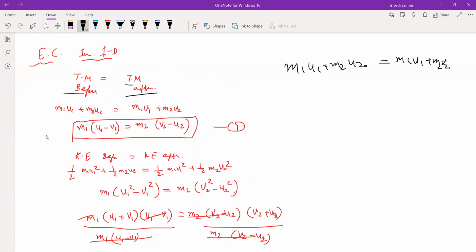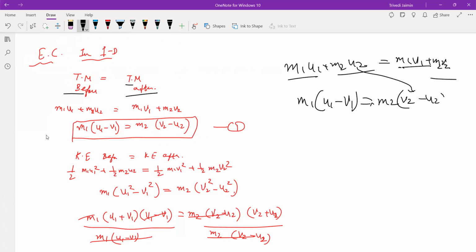Now what we'll do here, we'll take the m1 terms on one side and the m2 terms on the other side. So m1 into (u1 minus v1) equals m2 into (v2 minus u2). Let's name this equation number 1.